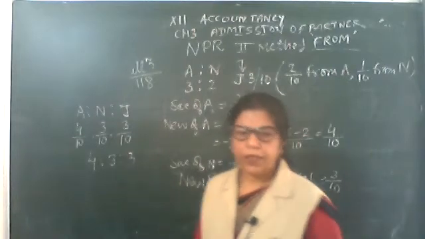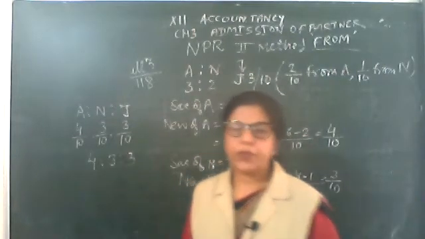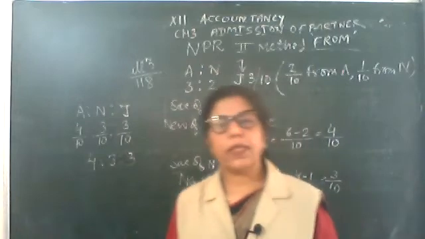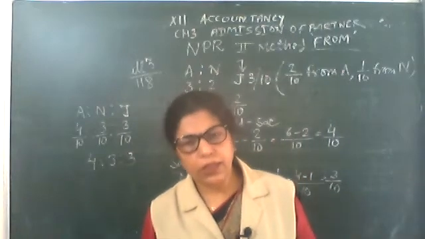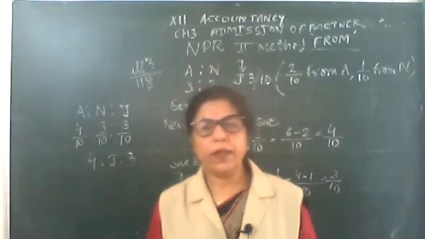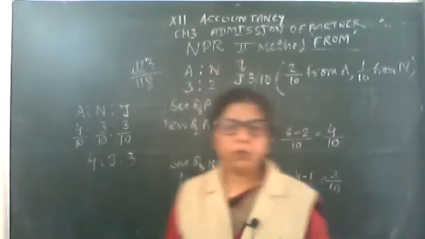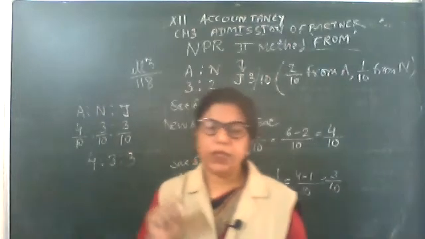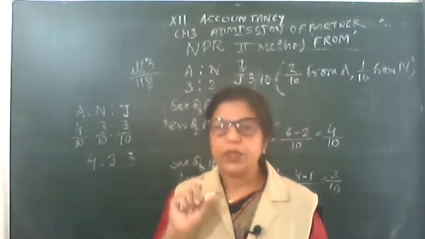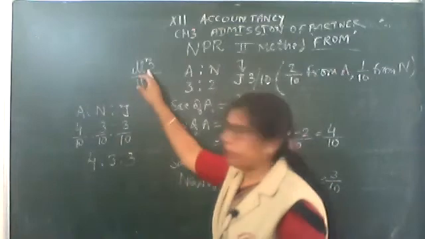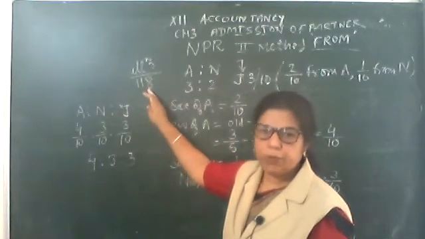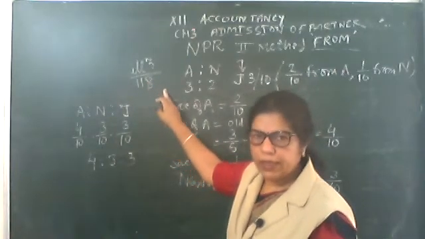I will explain the second method again. The second method is given with some condition, and the condition is the word 'from'. It means in the question you will have 'from'. See illustration 3, NCERT, page number 118.